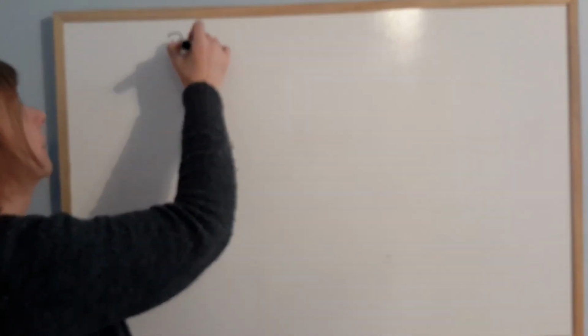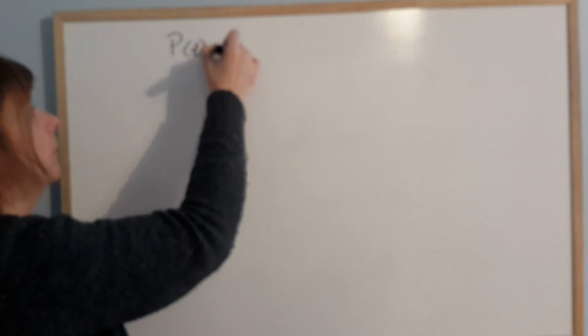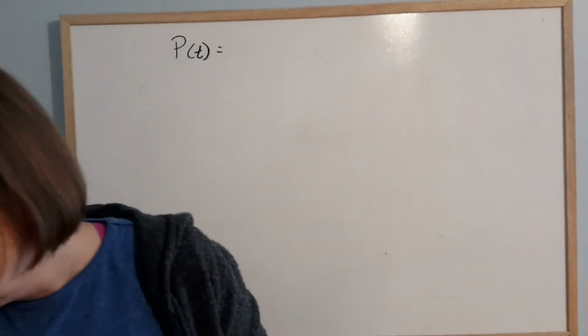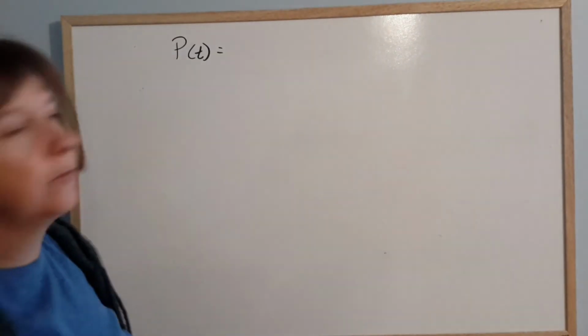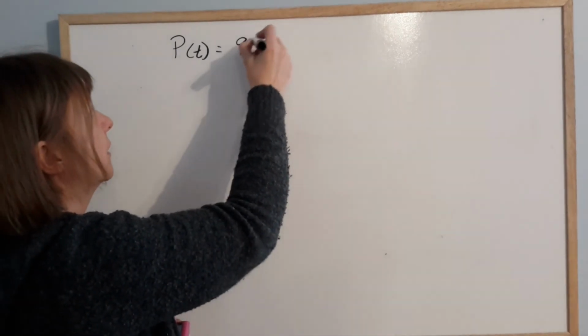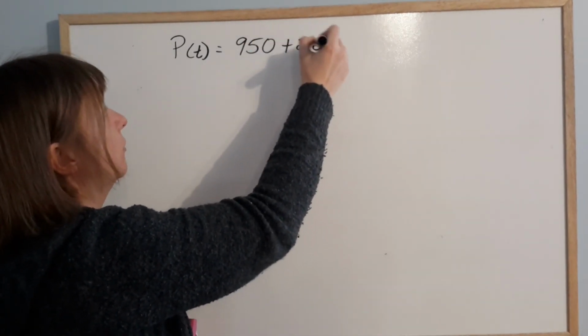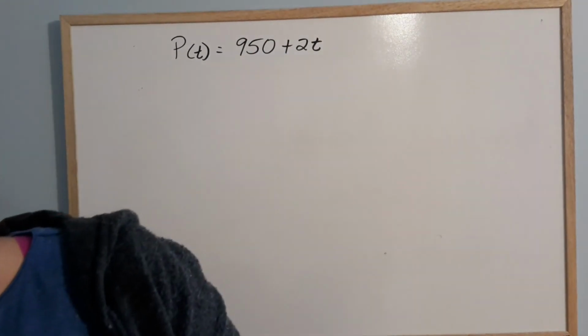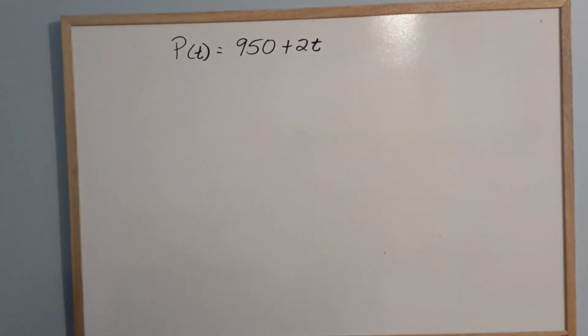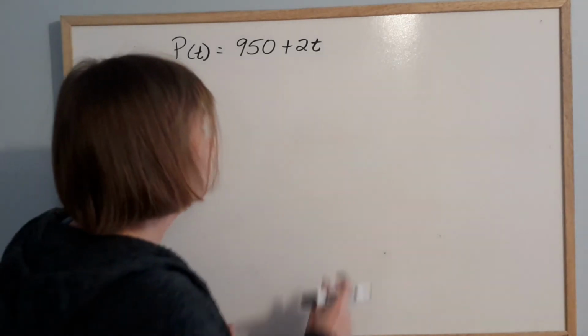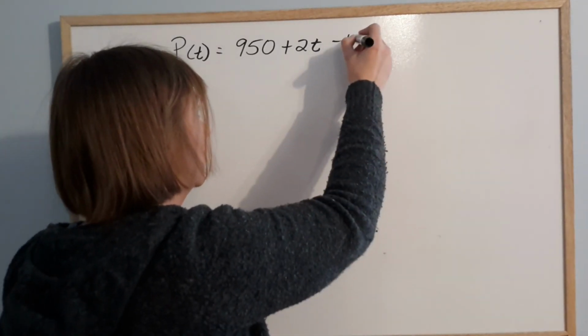They're saying that the population, based on the number of years, is 950 plus 20t minus 100t to the negative 1.